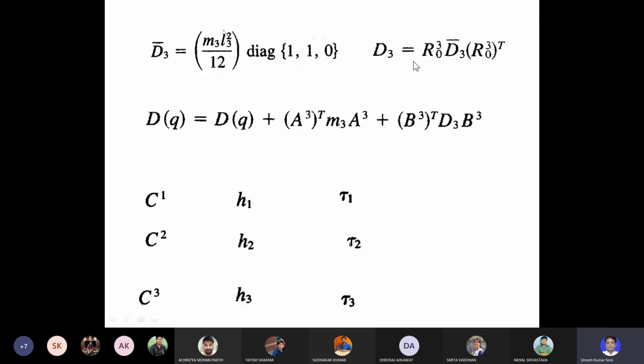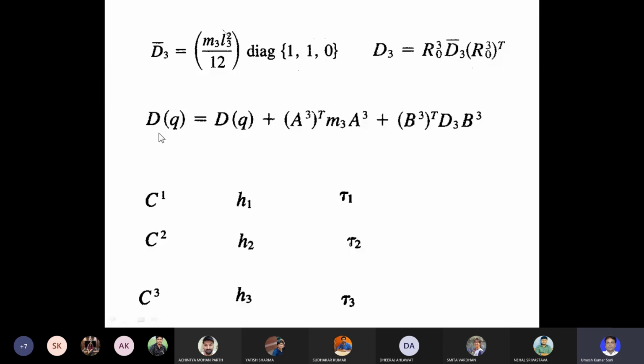This is the transformation from the second end of the link 3 to the base frame. Okay, the frame at the second end of the third link, and this is with respect to the base frame. Okay, so you calculate the D3 with respect to the base frame.